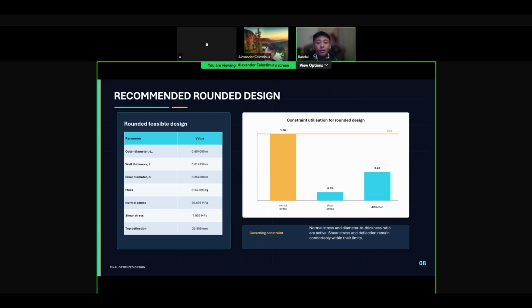The maximum deflection is 25.859 millimeter, while the allowable deflection is 60 millimeter. This shows that both shear stress and deflection still have a larger safety margin. Therefore, the final design satisfies all the requirement constraints.